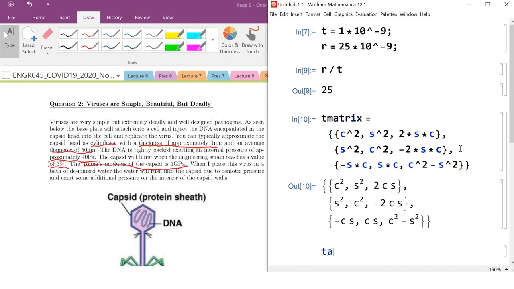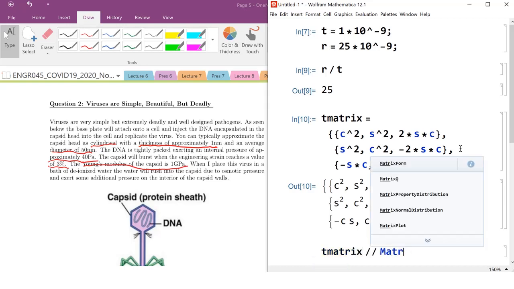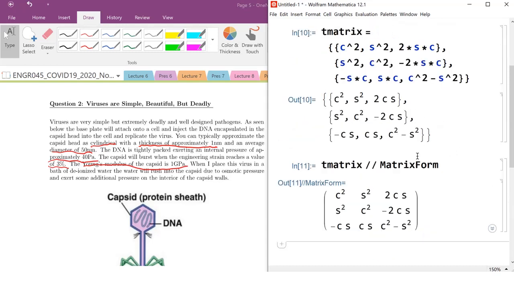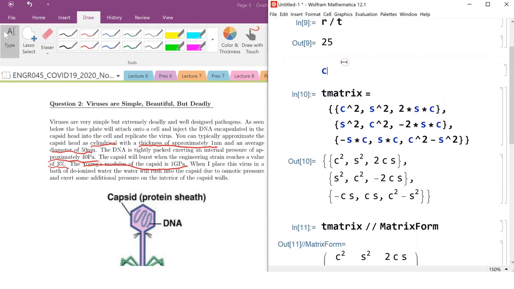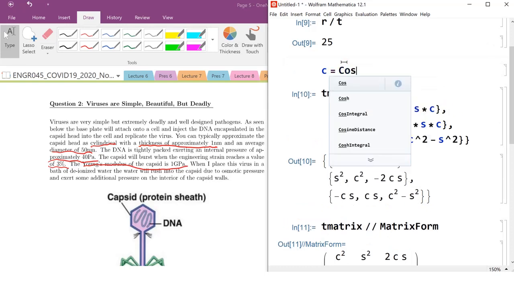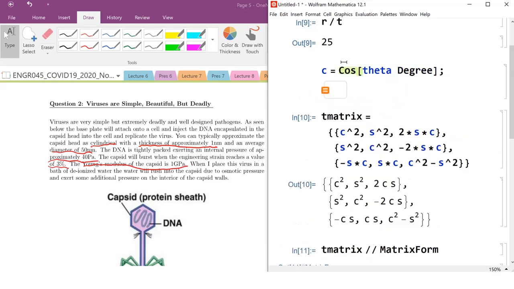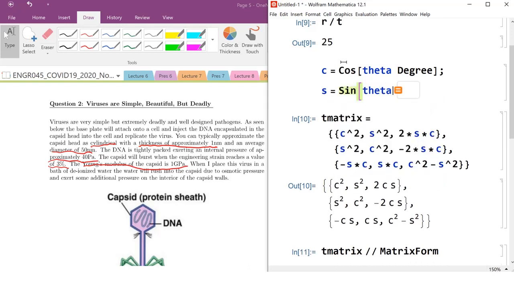Let's take a look at the T matrix in matrix form. That looks nice. I'm also going to define C equals cosine of theta, typing in degree, so we're in degree mode here. S is going to equal sine of theta in degree mode.